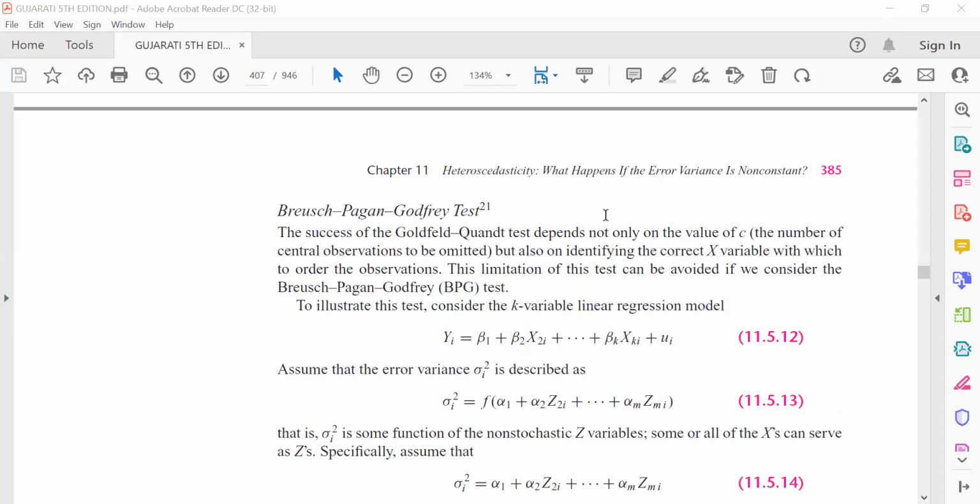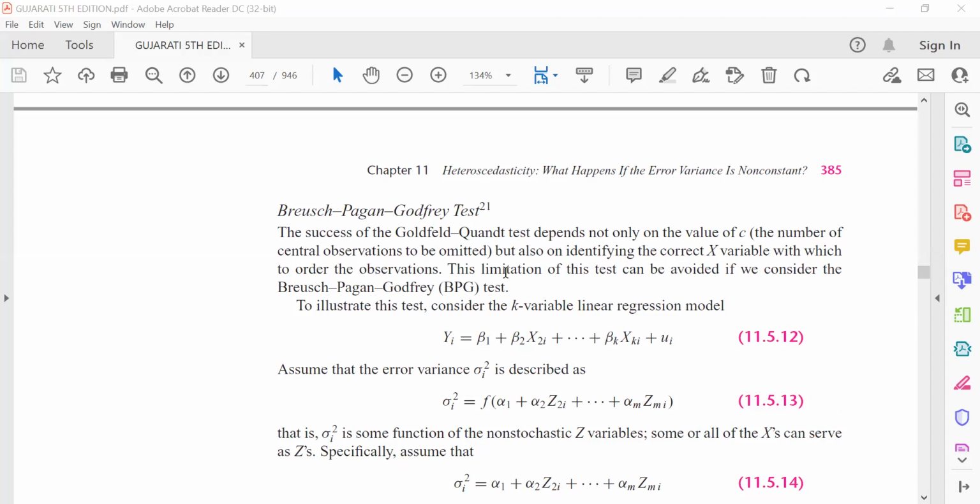The difficulty is to find the correct X that has the potential to cause the heteroskedasticity.